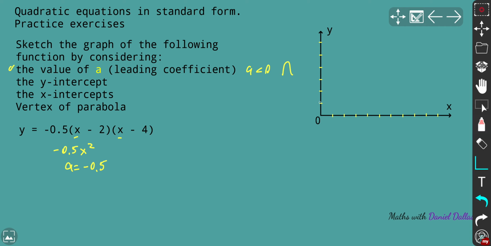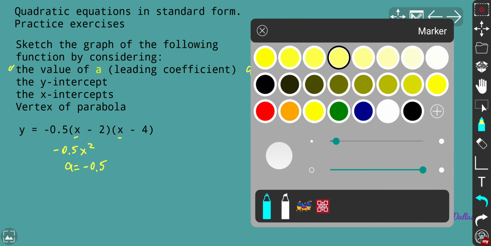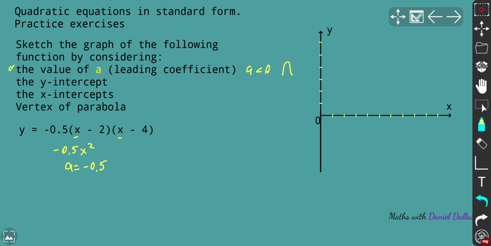Here we need to expand the brackets, and by expanding we can find the free coefficient. However, I'll do a little shortcut. To expand the brackets, I don't need the full expression. I simply know that when we multiply negative 2 by negative 4, I get 8. On top of that, I apply the factor negative 0.5.